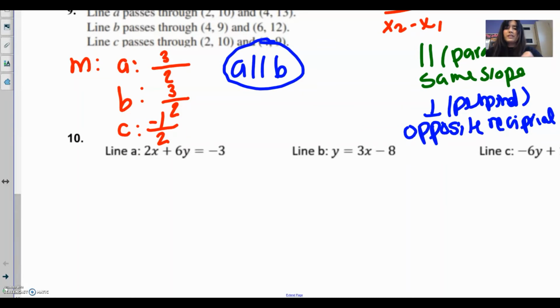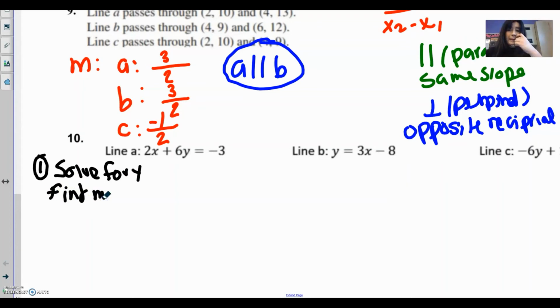For number 10, step 1, find slope. But how are we going to find slope? You have to solve for y. Solve for y and find m. Okay, so let's solve A real quick.